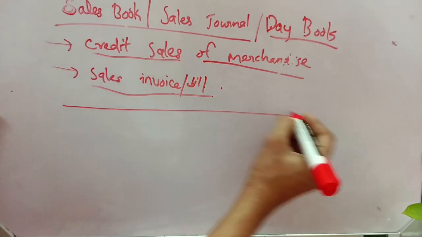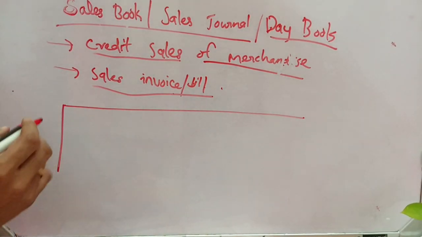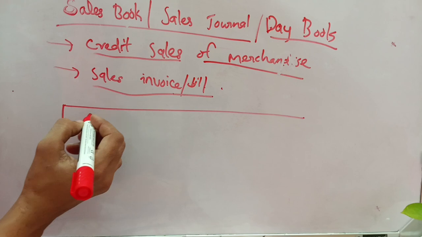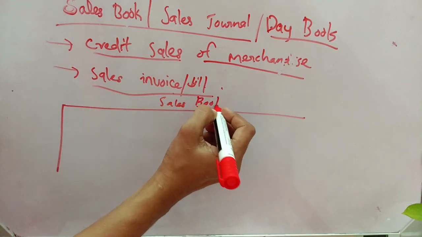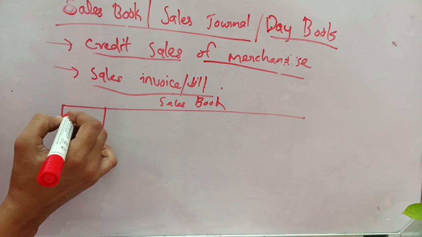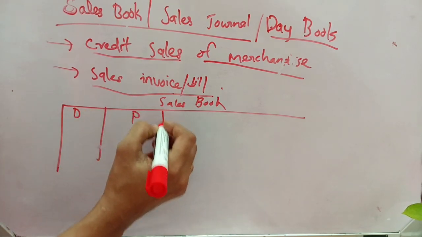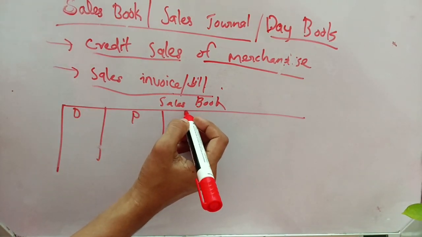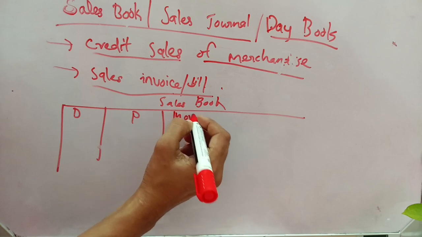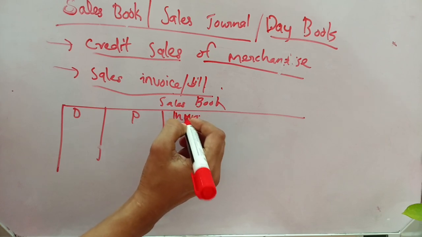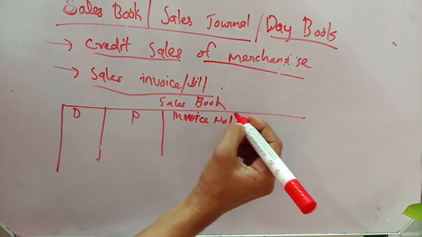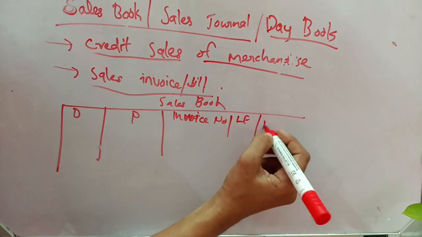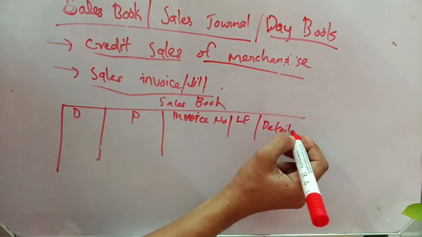Now we can have a look at the format of the sales book. The format contains a heading, sales book. Then there will be a date column, a particulars column, then invoice number, ledger folio, details, and total amount column.